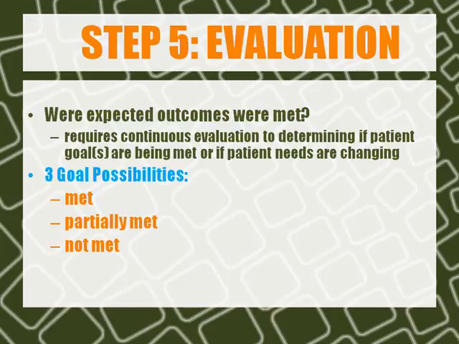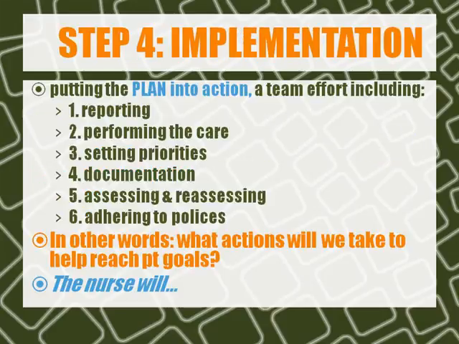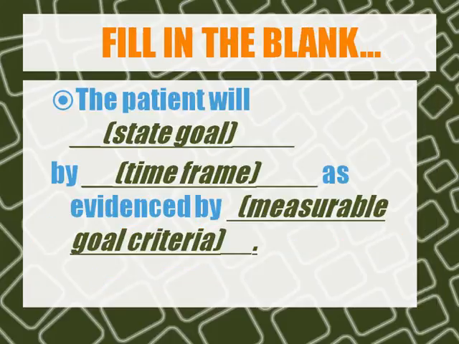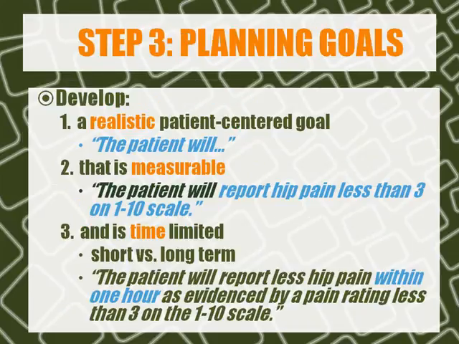I'm going to backtrack just a second. With step 4, we'll talk about our patient with the hip fracture. We said that she was going to report less hip pain within 1 hour as evidenced by a pain rating less than 3 on the 1 to 10 scale. So what can I do as the nurse? Well, it might be administer Demerol 25 milligrams IM.